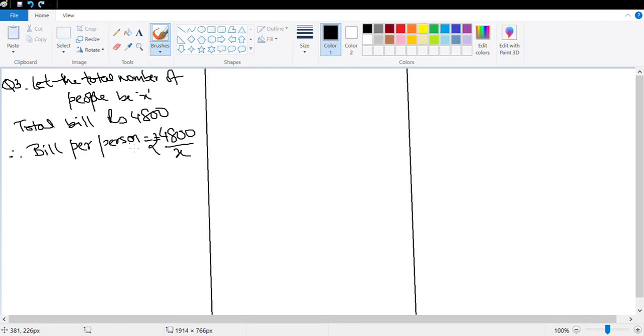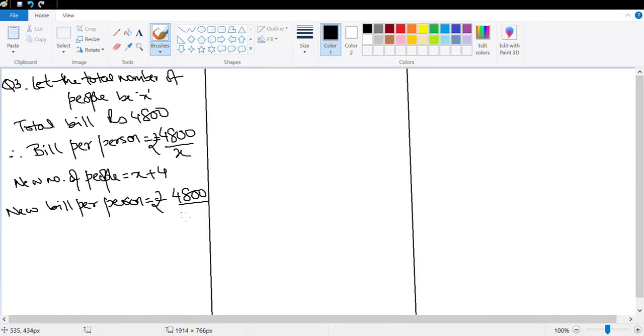Perfect. Now in case 2, they are saying if there were 4 more people. So the new number of people will be x plus 4. And what will be the new bill per person? New bill per person will be again the total amount, which is rupees 4,800, upon the new number of people, which is x plus 4.